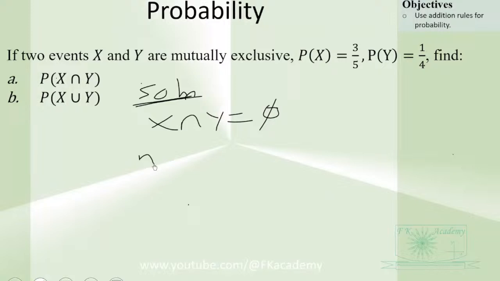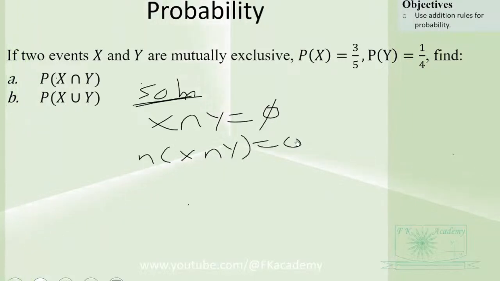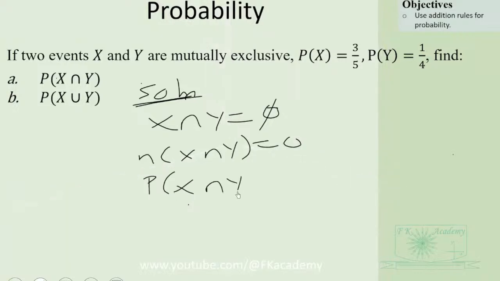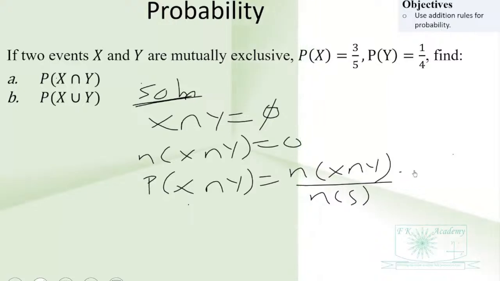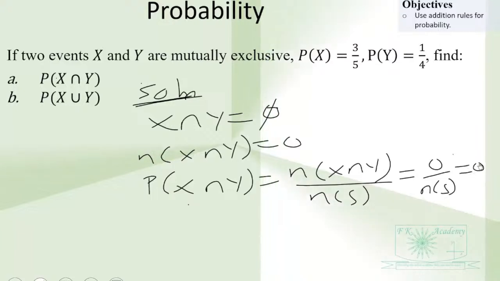So number of elements in x intersection y will be equal to 0. So probability of x intersection y will be equal to number of elements in x intersection y over number of elements in the sample space. So that will give you 0 over a non-zero number, which is going to be 0.